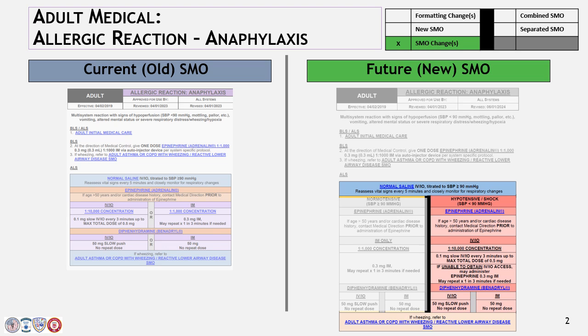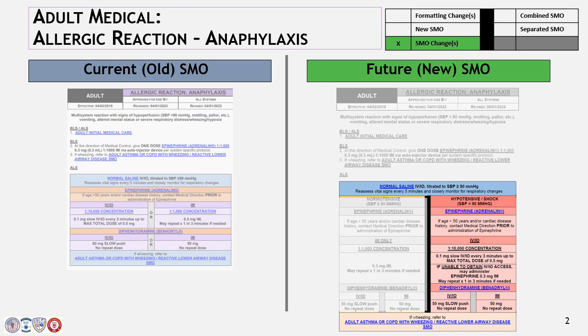So the normal dose and route for the shocky or hypotensive anaphylaxis patient would be the 1 milligram in 10 ml concentration, 0.1 milligram slow IV/IO Q3 minutes up to a max of 0.5. So that's 1 ml of your regular resuscitation concentration epi Q3 minutes up to the half a milligram total.